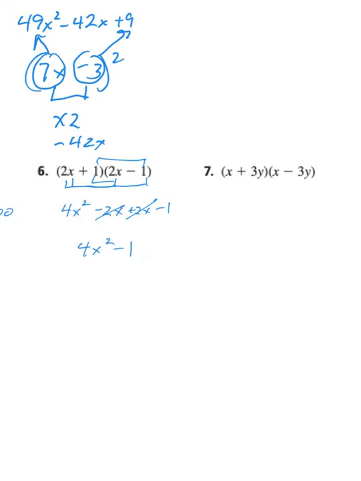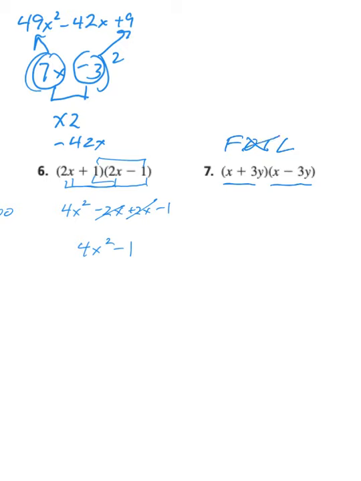At this point, you guys might already figure out that these are what I called conjugates, and to multiply them, if we recognize that they look the exact same except the sign in the middle is different, all we have to do, we don't have to FOIL because we know the O and the I will always cancel. We just have to FL.